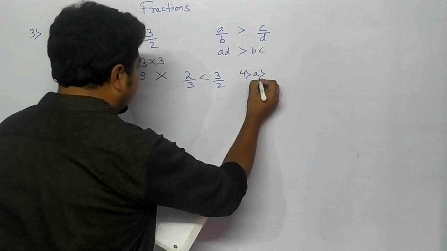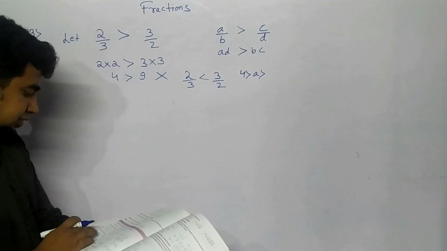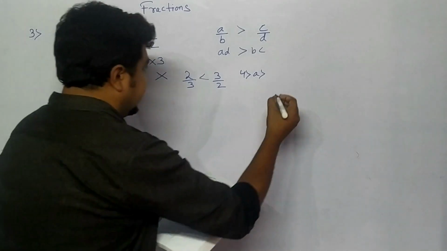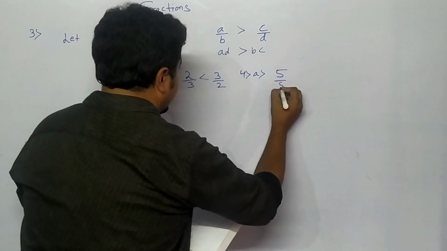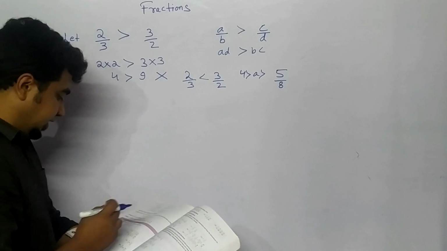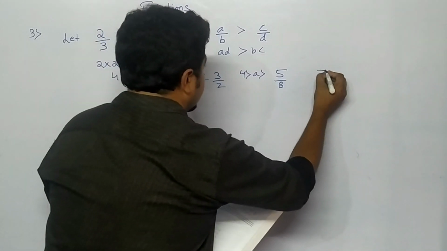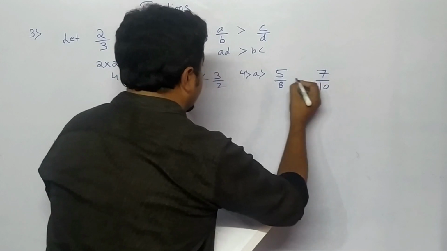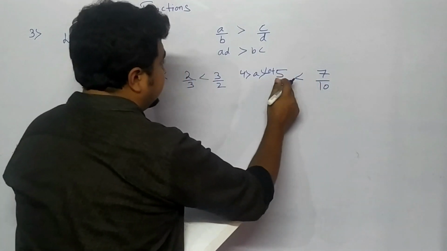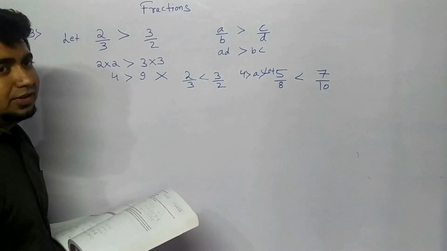Question number 4a. I just want to discuss, you can see here, 5 by 8, and the second number I have taken is 7 by 10. Same thing, let 5 by 8 is less than 7 by 10.